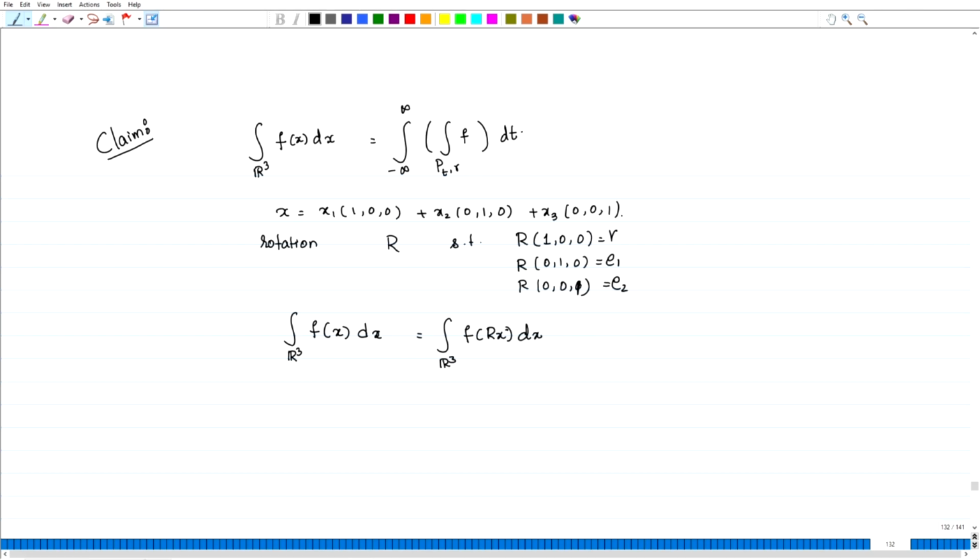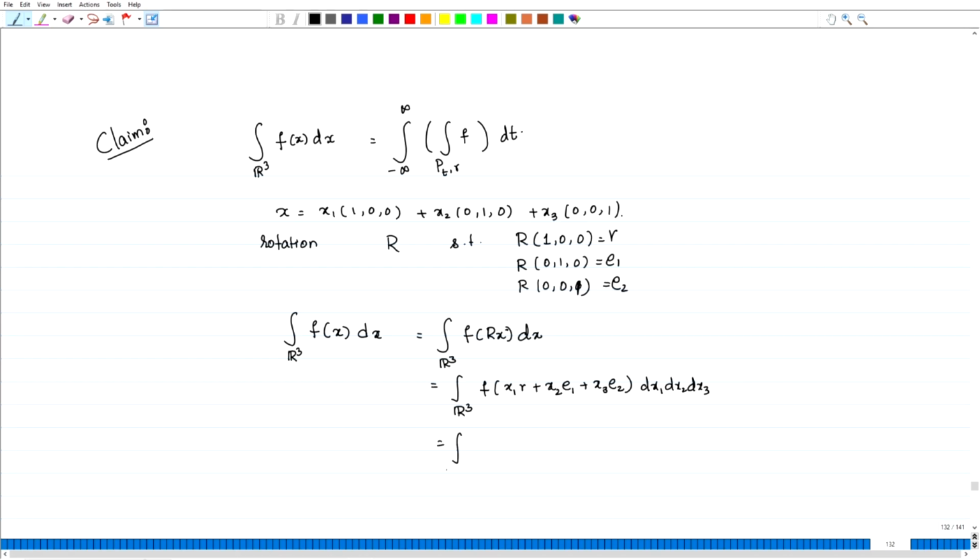So, by the change of variable, if we rewrite, this is going to be f(x1 gamma + x2 e1 + x3 e2), and then dx1 dx2 dx3.